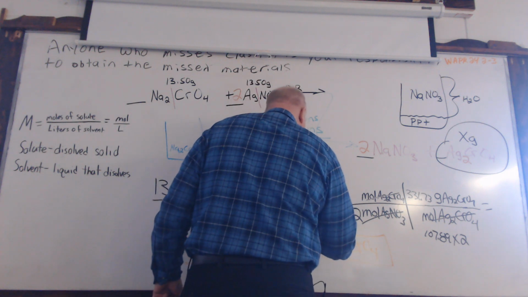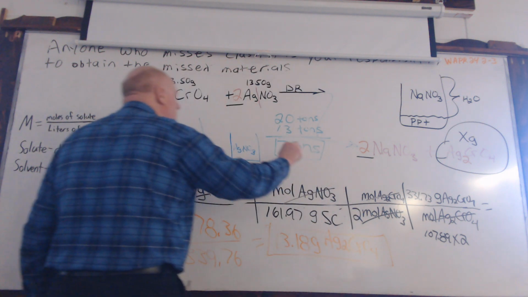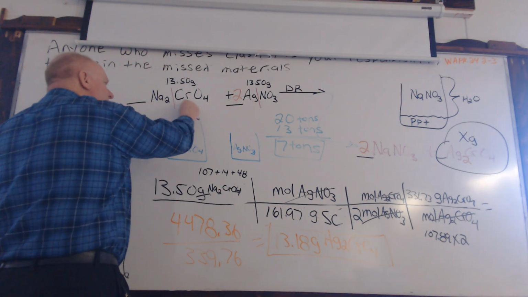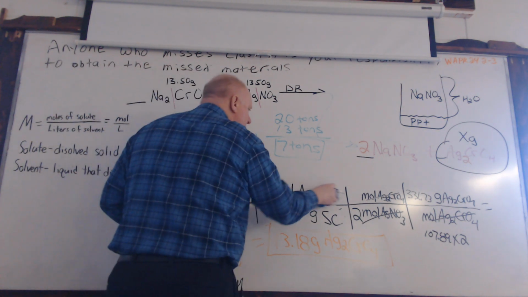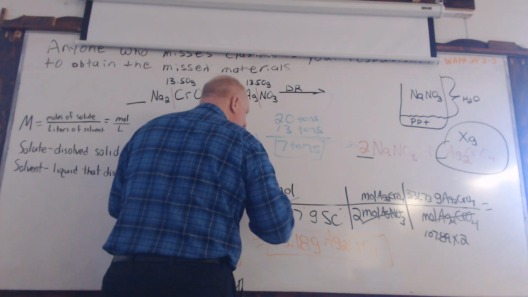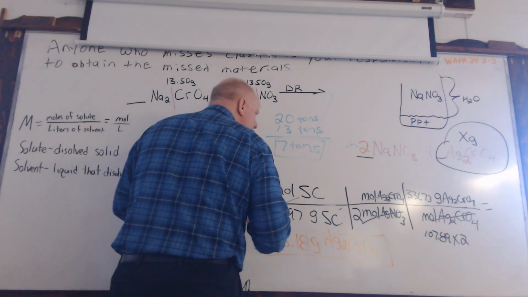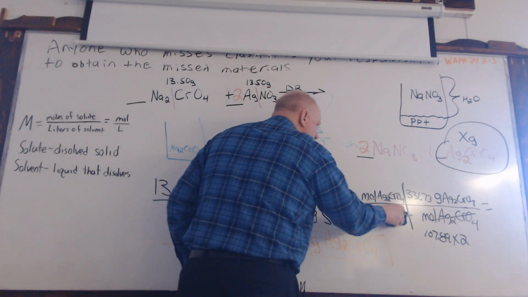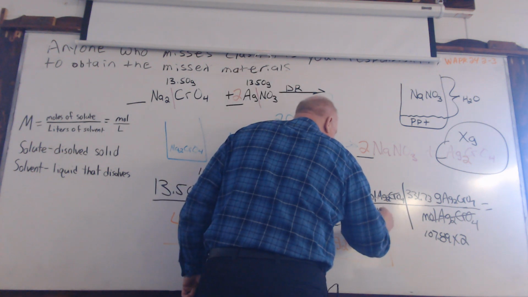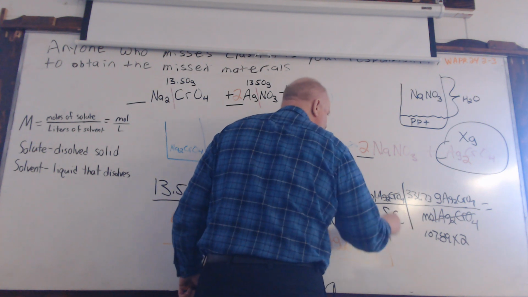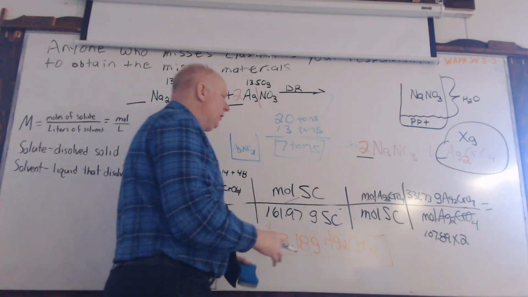So I'm just going to abbreviate it as sodium chromate because we know that sodium chromate has this formula because we illustrated that right here. Then that's for every mole of sodium chromate. Then in this process, for every mole of sodium chromate, we still get just 1 mole of silver chromate.